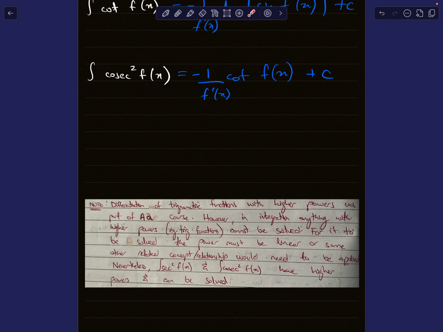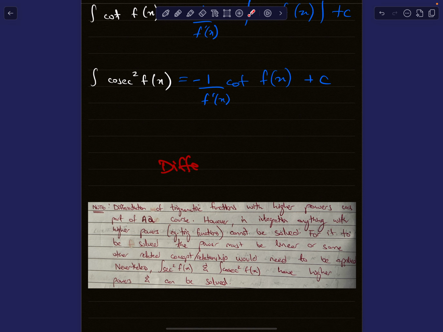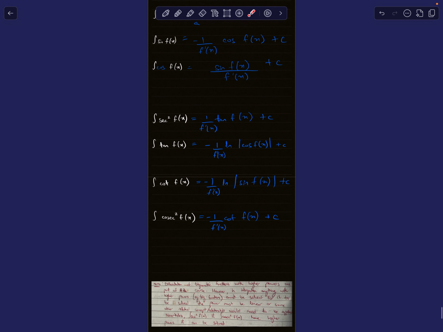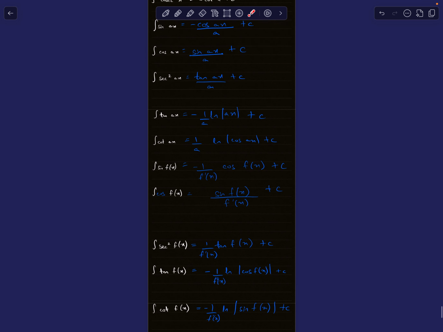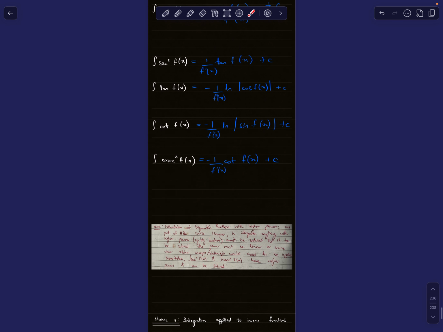So you do have differentiation of higher powers such as cos squared x in your AS course, but you do not have integration of them in your A2 course because it cannot be solved. Nevertheless, among higher powers you can integrate sec square and cosec square, and thus they exist. These are the only integrals of higher powers that exist in your course: sec square and cosec square.